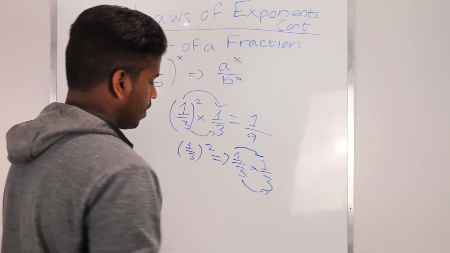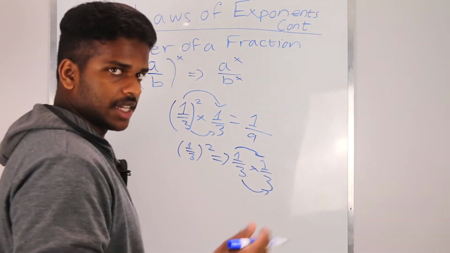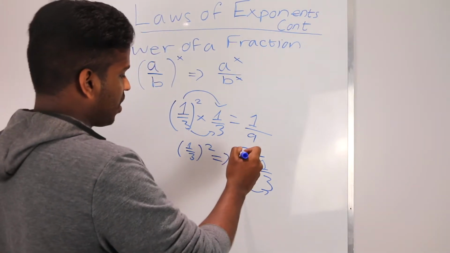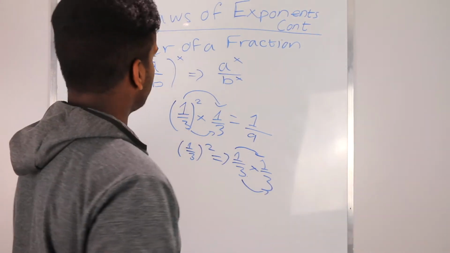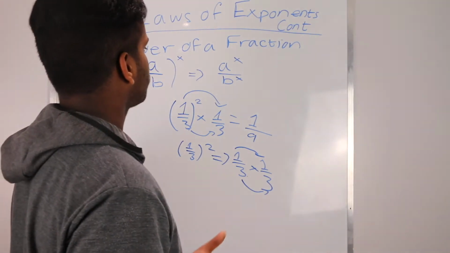For our numerators, that same thing applies. We're multiplying our numerator of 1 by itself 2 times. If it was 3, we'd multiply our numerator by itself 3 times. So, power of a fraction.